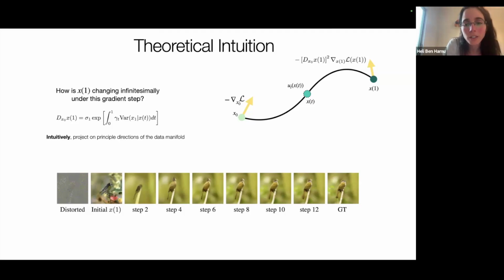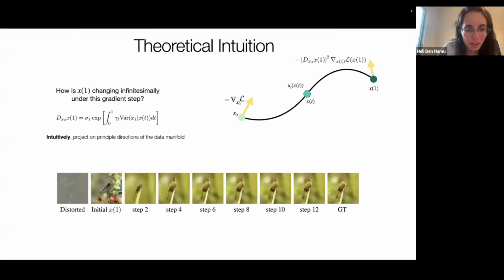What we have here is the visualization of x1 and not of x0. But what we see is that x1 does remain on the data manifold. We don't see some linear interpolation between the initial point and the end point. We do see changes across different birds on the way.